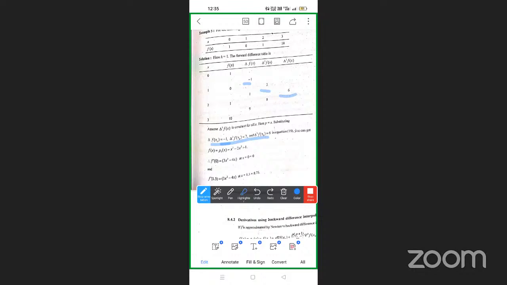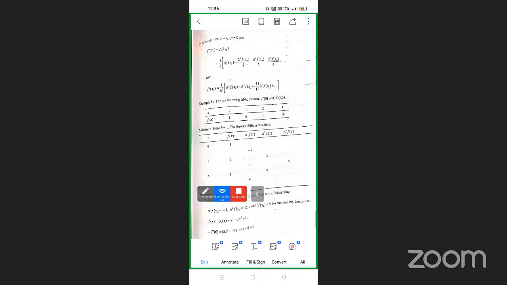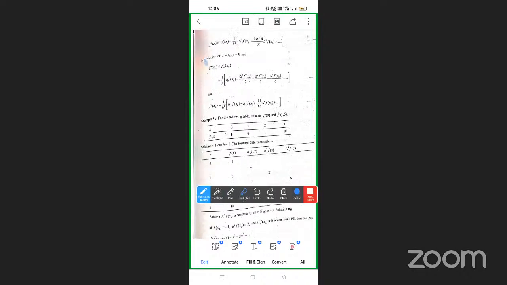So substitute in equation 19, which is nothing but the first order derivative formula. f of x, so we are getting a polynomial in this equation. So this one, first order derivative: 1 by h into delta f of x naught minus delta square f of x naught by 2 plus delta cube f of x naught by 3 minus delta power 4 f of x naught by 4.